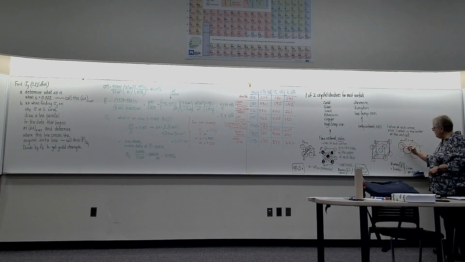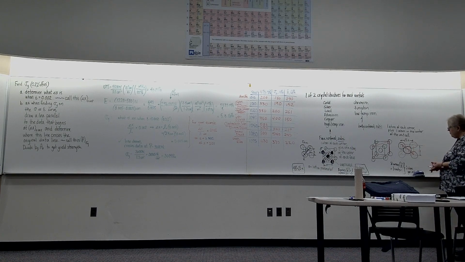One radius, 2 radii, 3 radii, 4 radii. Four radii is equal to the square root of 3 times A.